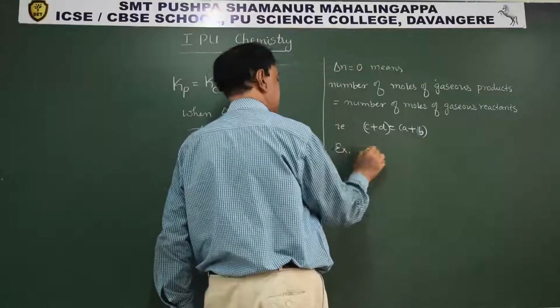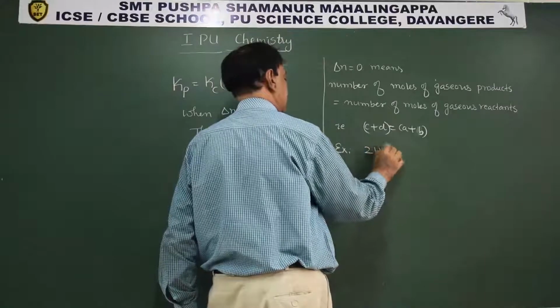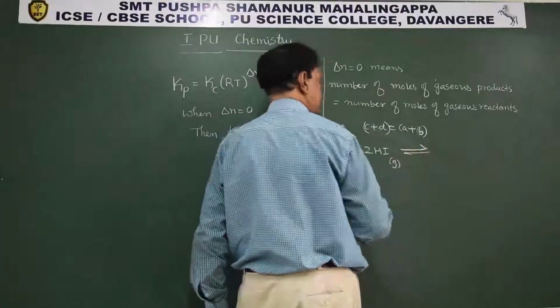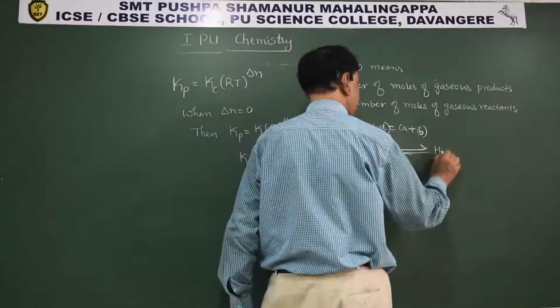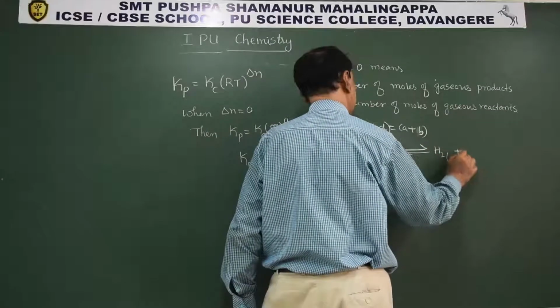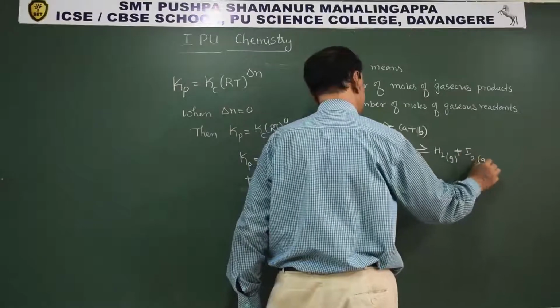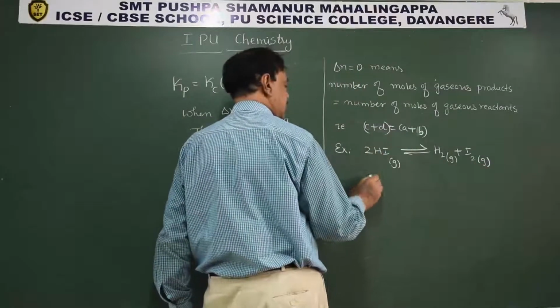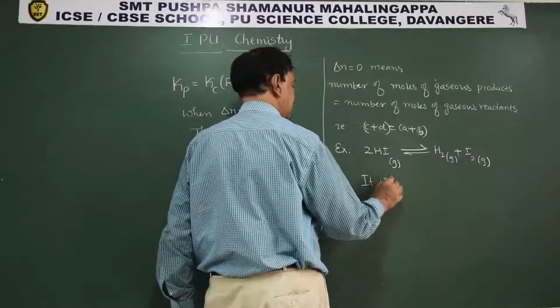Example, 2HI in gaseous state in equilibrium with H2 in gaseous state plus I2 in gaseous state. Here compare the coefficients. It is a balanced chemical equation.